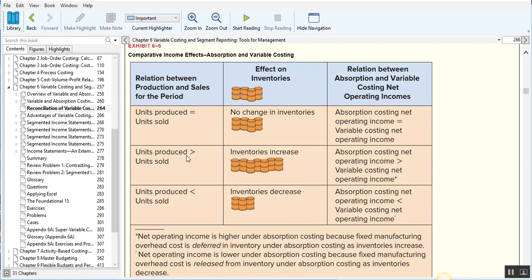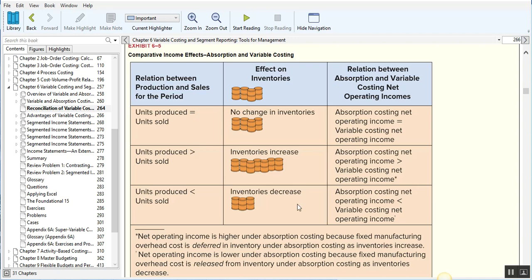So there is no difference between the two approaches. But if the units produced are greater than the units sold, the inventories are going to increase, and the absorption costing net income will be greater than variable costing net income, because you're deferring part of the cost of goods sold until the period in which they're sold.